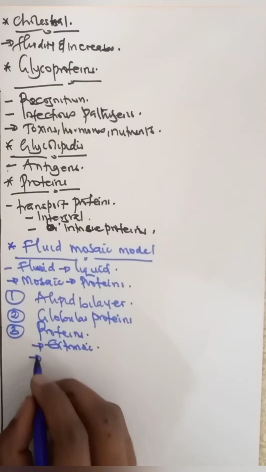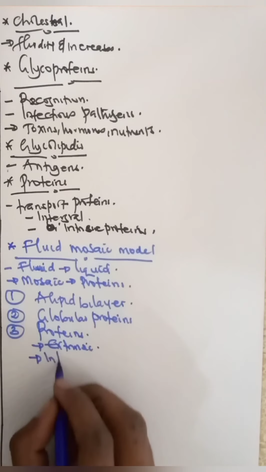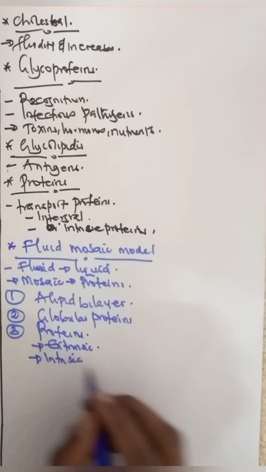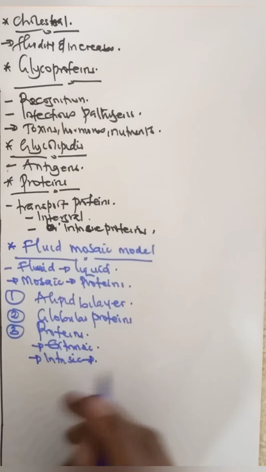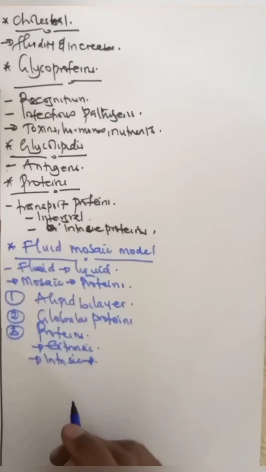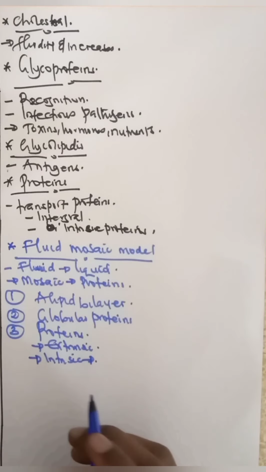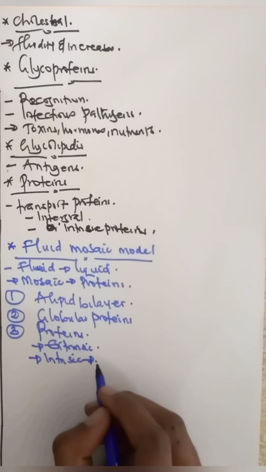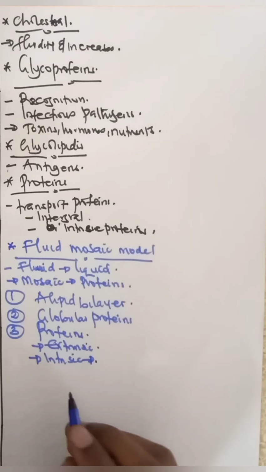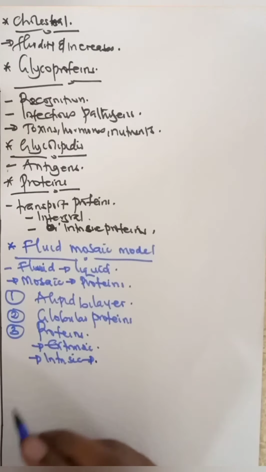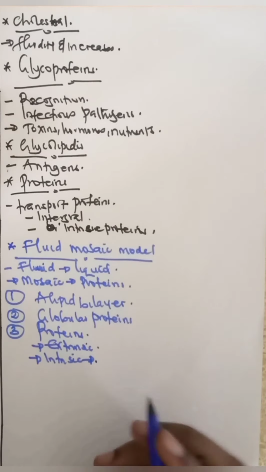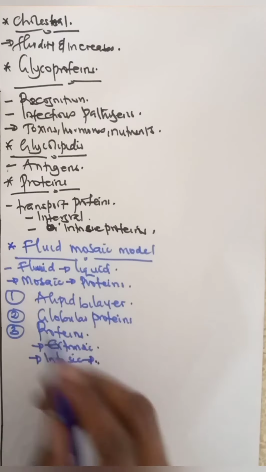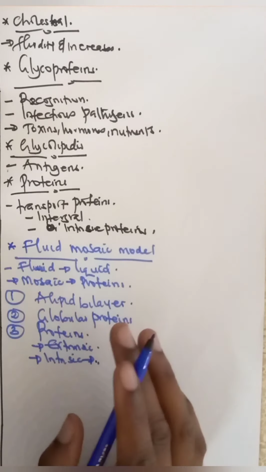Then we have the intrinsic, or what we can call the integral membrane proteins, which are tightly bound to the lipid bilayer, and they can be separated only by use of detergents or organic solvents, like the hormone receptors, cytochrome P450, and others. So that's about the fluid mosaic model.